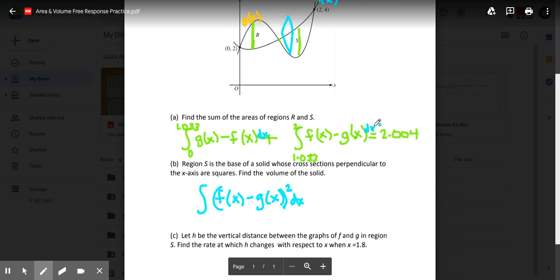Okay. And the bounds go from this point of intersection, which you already determined is 1.033, and the other point is 2. And when we do that, we're going to get 1.283.